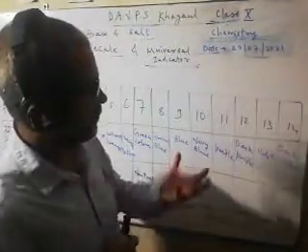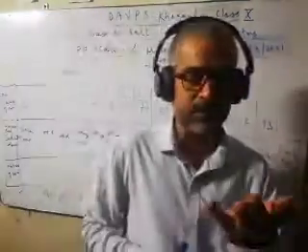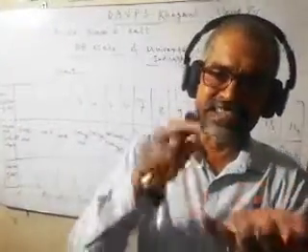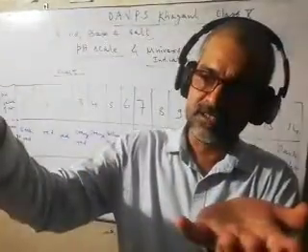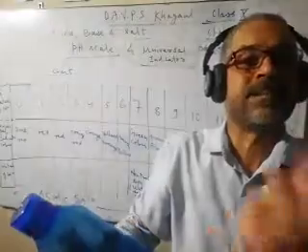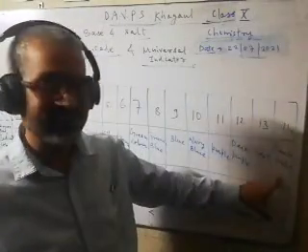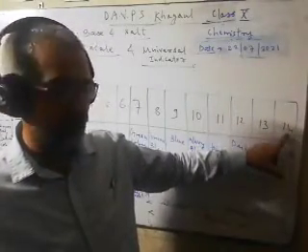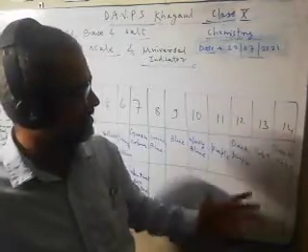Okay, if universal indicator paper shows dark violet color after putting a few drops of the solution, then the corresponding pH value is 14, and that represents a strong base solution.